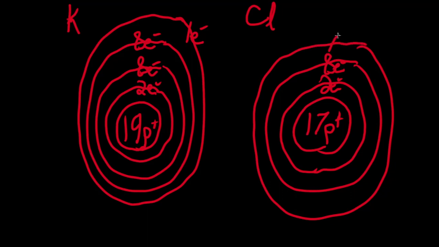Then I'm going to have 7 electrons in that final one. Okay, and we can now see that potassium is going to be able to give up 1 valence electron to chlorine.